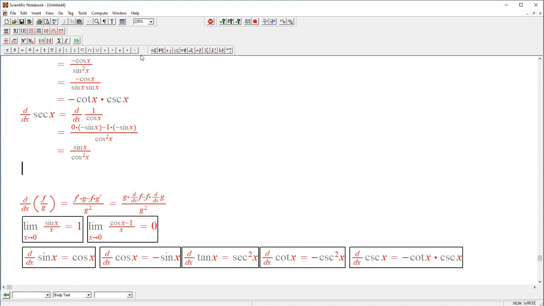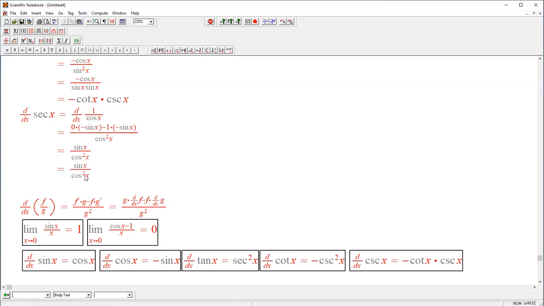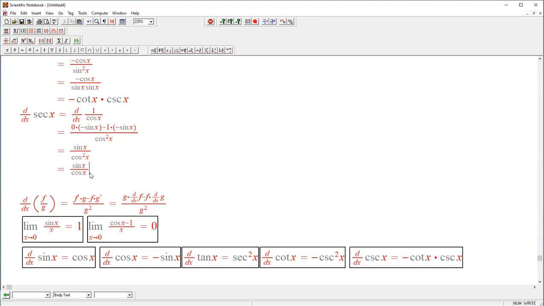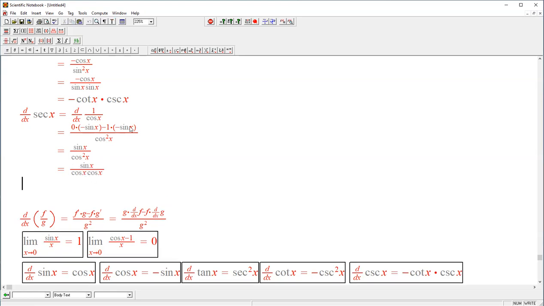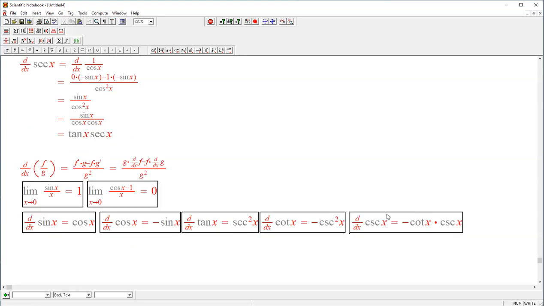But if you like to write it in the form of the textbook, you can separate it one more time, because cosine x squared is cosine times cosine x. And sine x over cosine x makes tangent x. So tangent x multiplied by 1 over cosine x, which is secant. Okay, so that way you get the other formula.